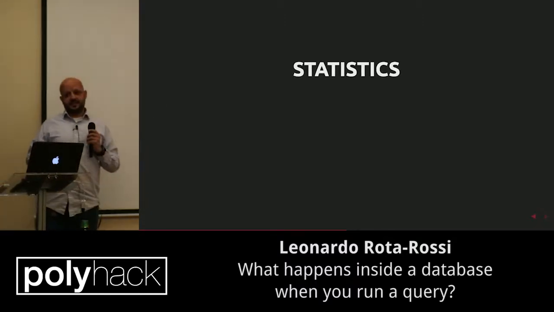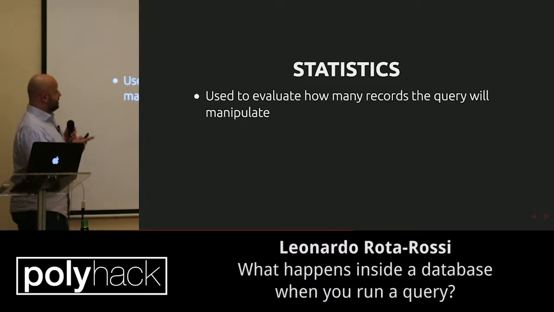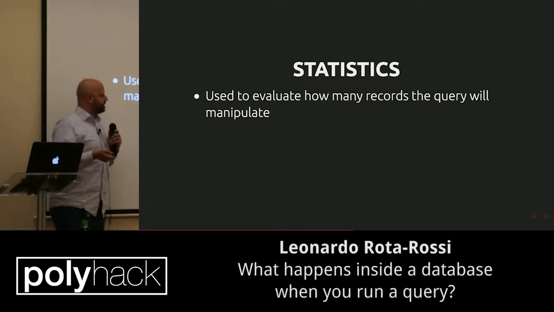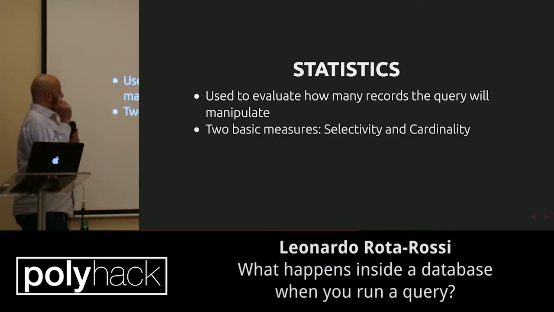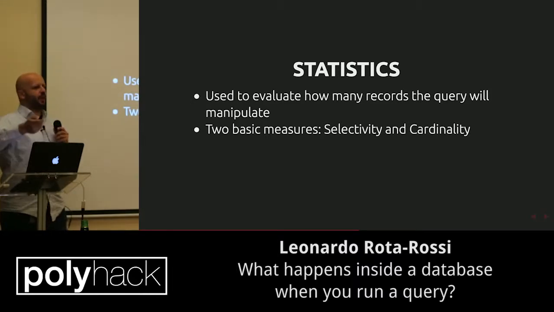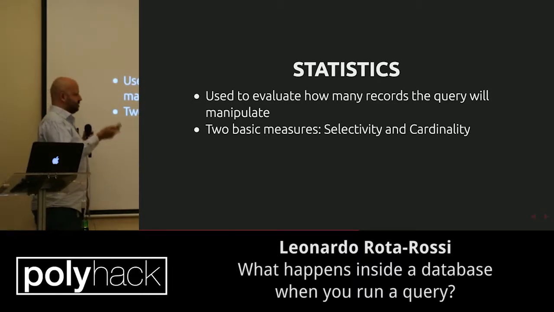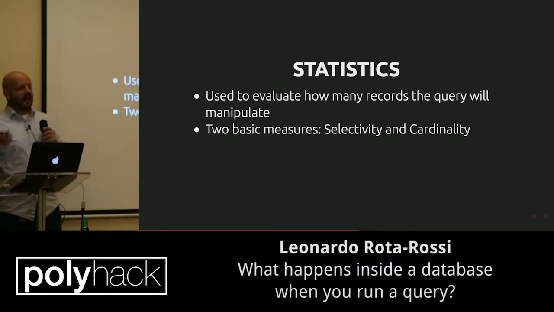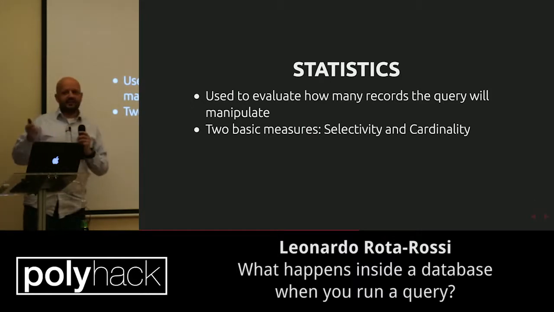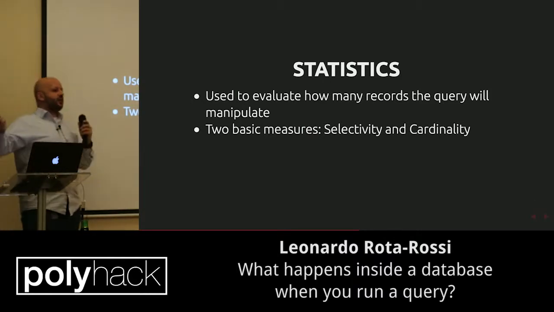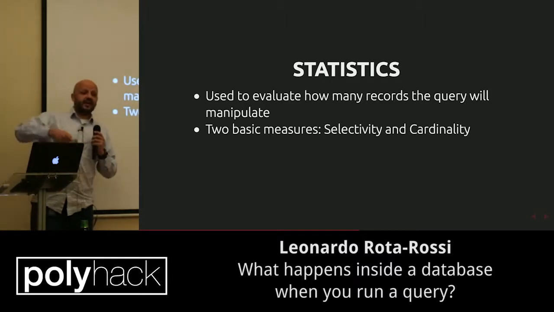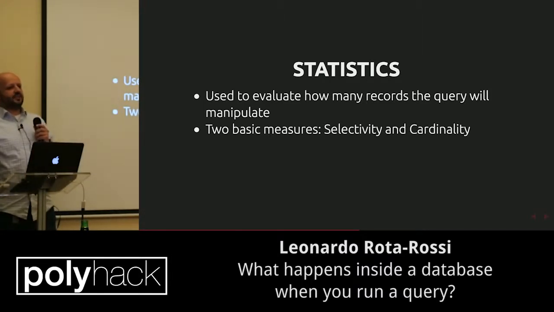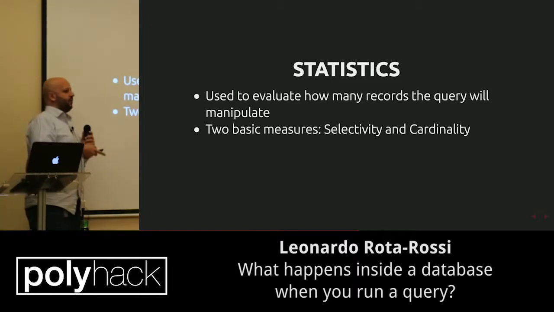And also statistics. They are used to evaluate how many records the query will actually manipulate. They have two basic measures. Actually, most of the time you have many more measurements than these two, but the most basic are selectivity and cardinality. Cardinality is how many records there are in the table. And selectivity is, for each different value that you have in the table, how many records do you have there?